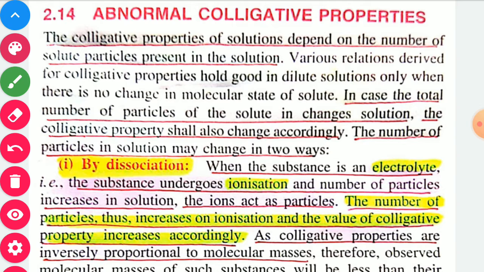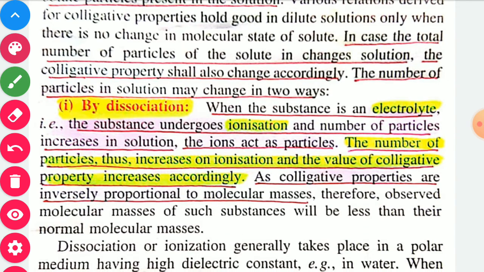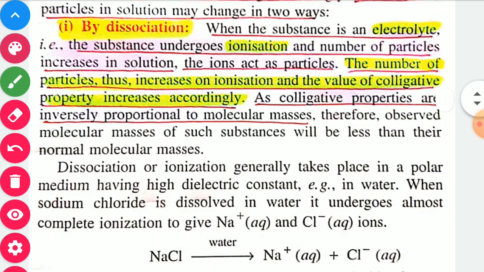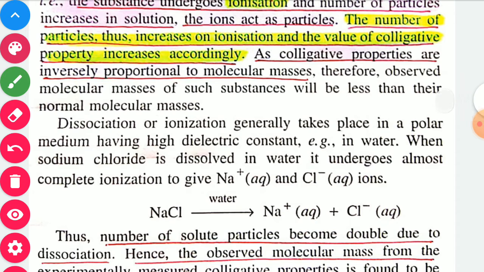As colligative properties are inversely proportional to molar masses, the observed molecular mass of such a substance will be less than its normal molecular mass. Dissociation or association generally takes place in a polar medium having a high dielectric constant, for example, water. When sodium chloride is dissolved in water, it undergoes almost complete dissociation, that is ionization, to give sodium cation aqueous and chloride anion aqueous ions.